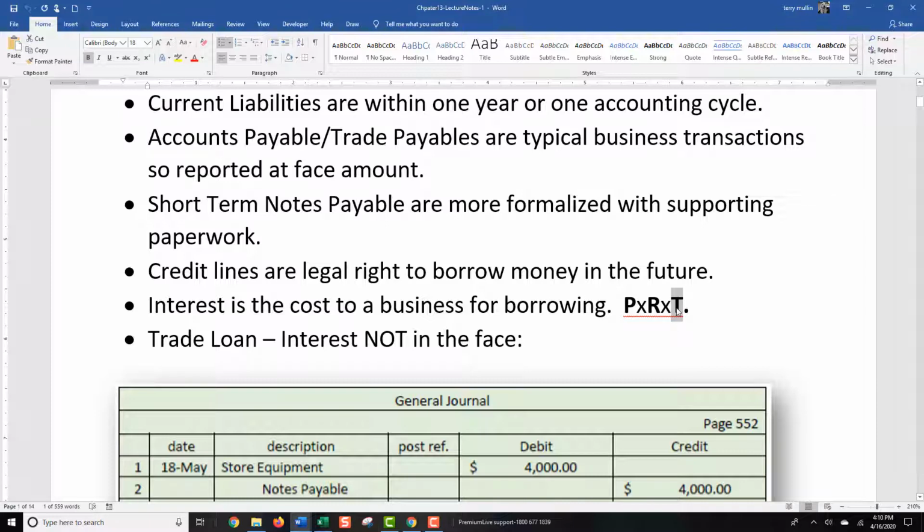So if you take out a 90-day loan, that'll be 90 over 365, because you have to match that up with the annual interest rate. Then if you're going to work with days, then a 90-day loan would be 90 over 365.